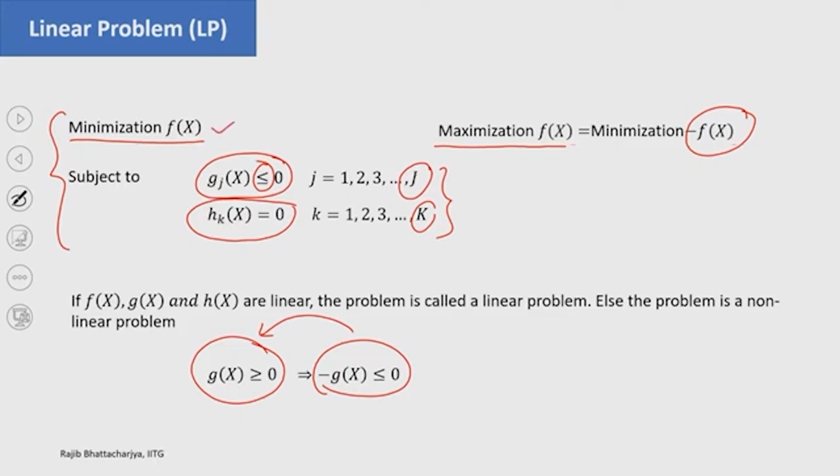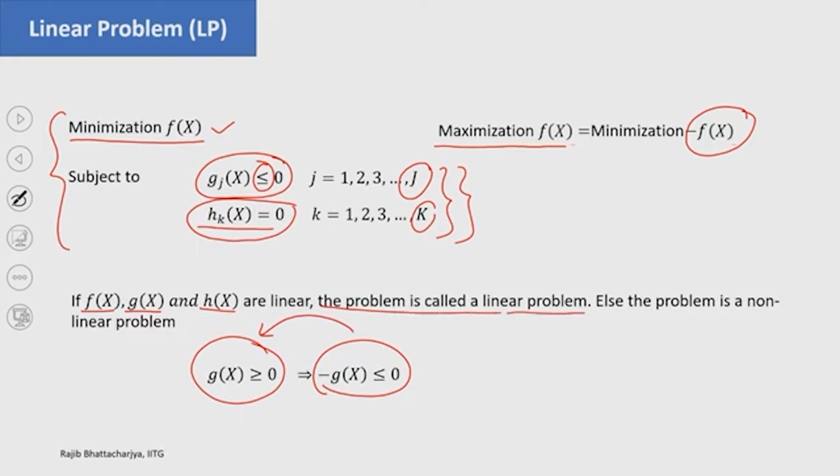So a problem will have an objective function, and we will have constraints. The constraints may be inequality type, like z_j(x) less than or equal to 0, or equality type, h_k(x) equal to 0. Now, if f(x), z(x) and h(x) are all linear functions, the problem is called a linear problem.